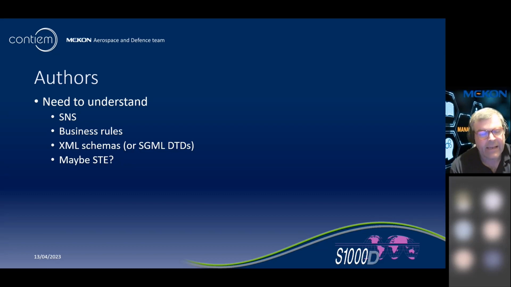And so STE might be a requirement. And again, there are tools out there that can help you by looking at the language that's been written, looking at the semantics and saying, is that actually what you meant? Or have you used a word that isn't in our allowed dictionary and so on? But it still needs a degree of training for the authors themselves in the first place.